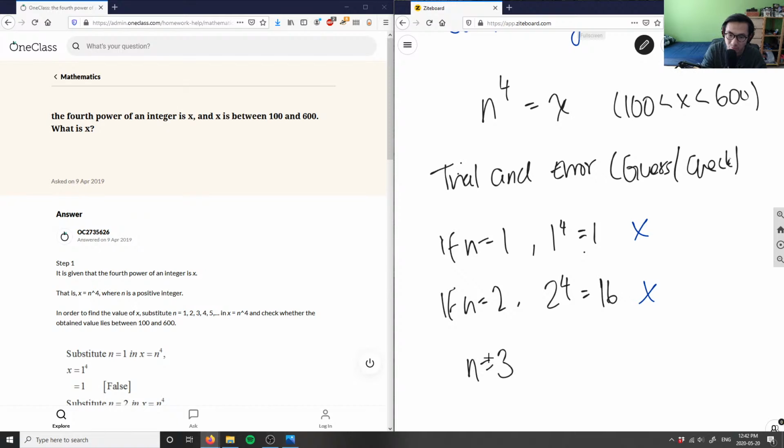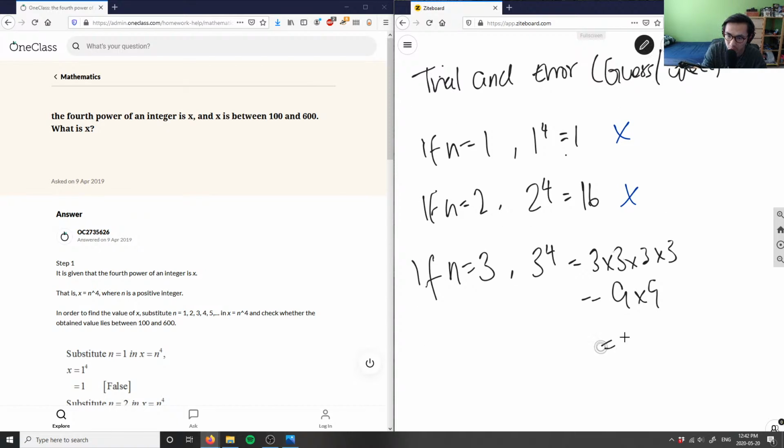So I'm going to try 3. If n equals 3, then 3 to the power of 4 is 3 times 3 times 3 times 3, which is 9 times 9, which is 81. This is not between those numbers either, so this answer is also not correct.